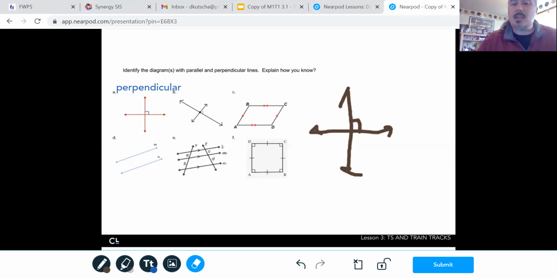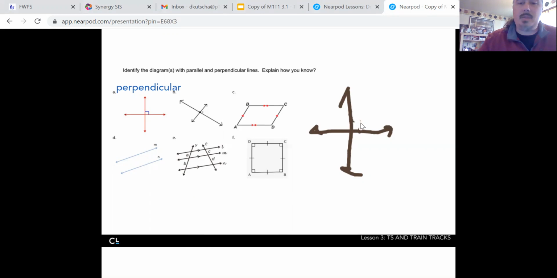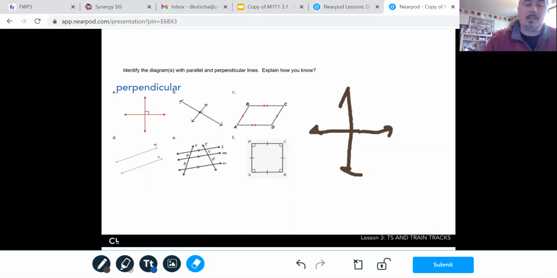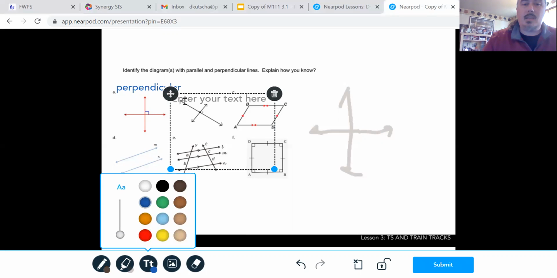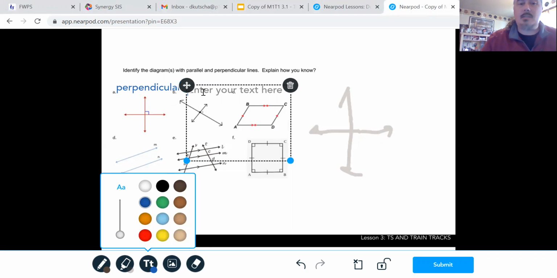Without the box that we see here, hopefully you can see my cursor on the video, without this 90-degree box, we cannot say without any doubt that they are perpendicular. B is definitely nothing, absolutely nothing. So for B, we're just going to say nothing.